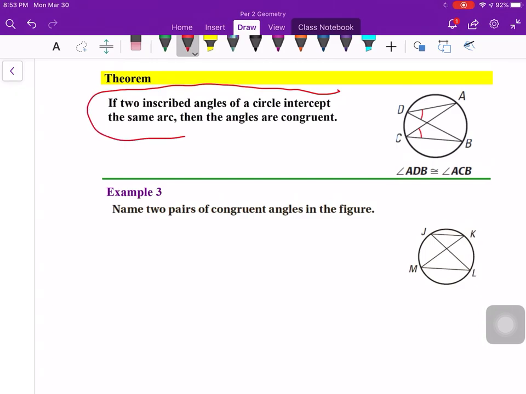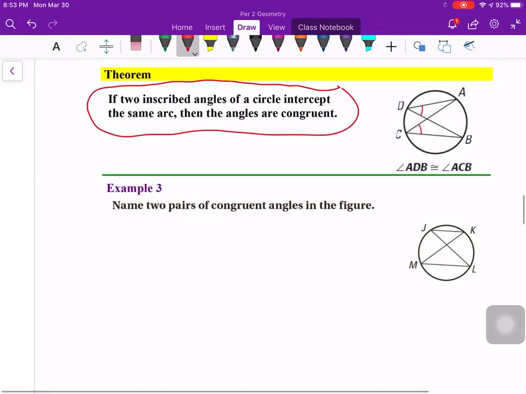Let's take a look at a third example. Here's the theorem that specifically says what we just discovered. If two inscribed angles of the same circle intercept the same arc, then the angles are congruent. So in example 3, it just asks us to name two pairs of congruent angles.